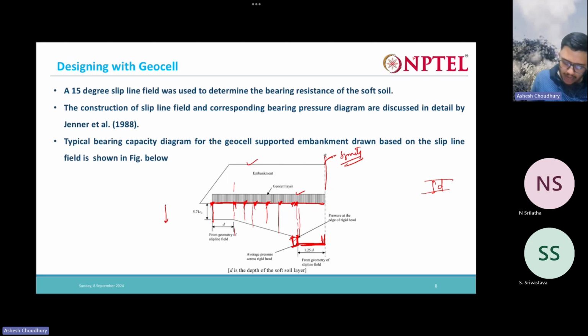So how to determine this increase? We will see that. The expression is given by Jenner et al. So directly by using that expression, if we know the value at this point, we can also get this value.